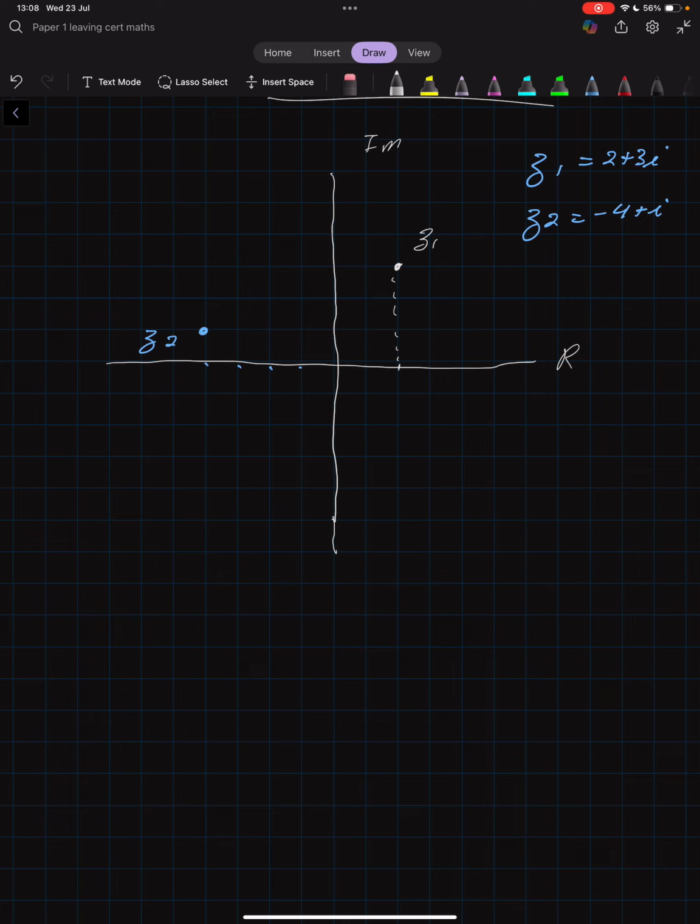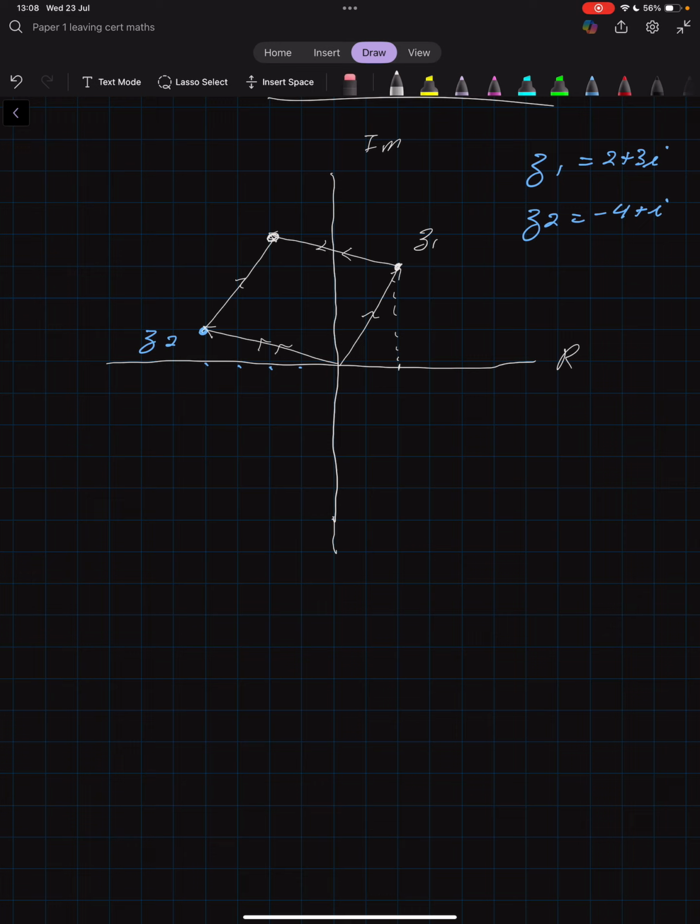Basically, if I asked you to add these, the way you do it is you would draw 2 lines. Like this. And you make what is called a parallelogram. So you make sure this line is the same as this line, and this line here is the same as this line here.